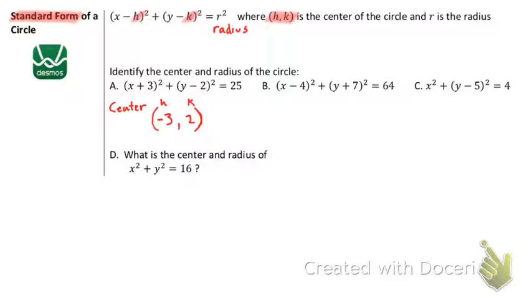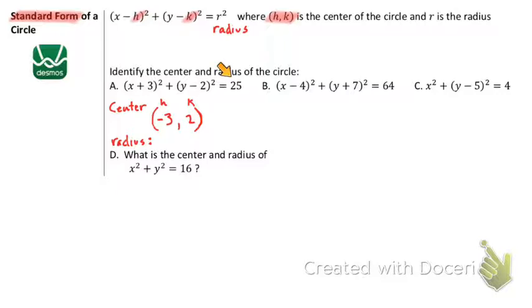Now to find the radius. The radius is almost as simple. Keep in mind, this number here is actually the radius after we raised it to the second power. So 25 is the radius squared, so we have to undo the second power.